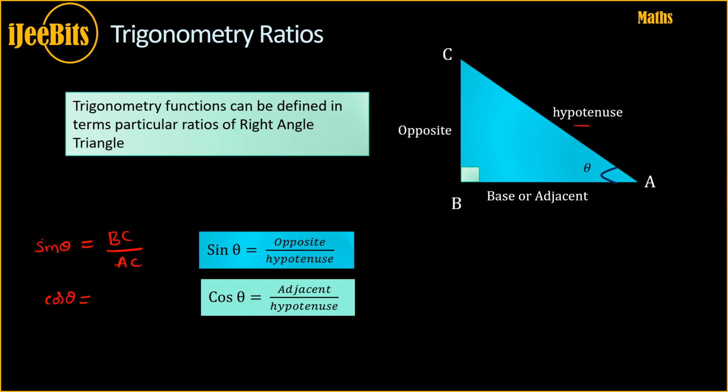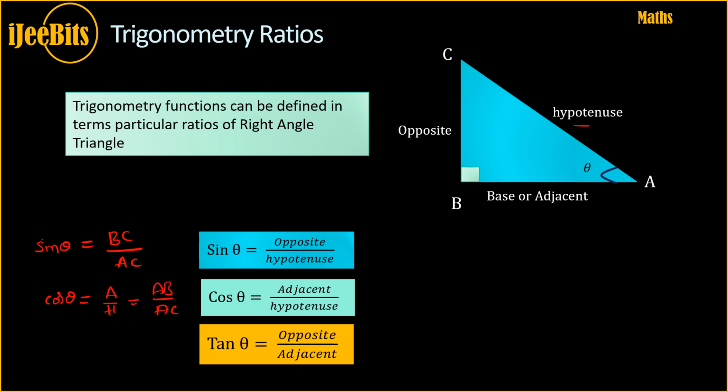What is adjacent? It is AB divided by AC. Similarly, tan theta means opposite by adjacent. So tan theta equals the ratio of opposite side BC divided by AB.